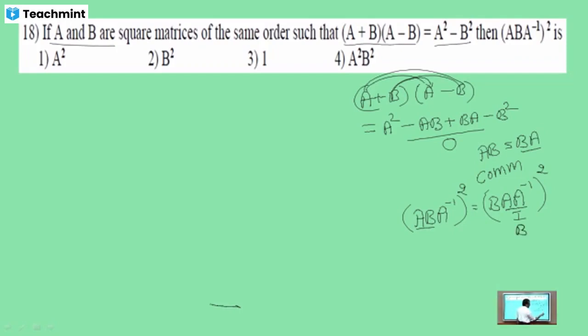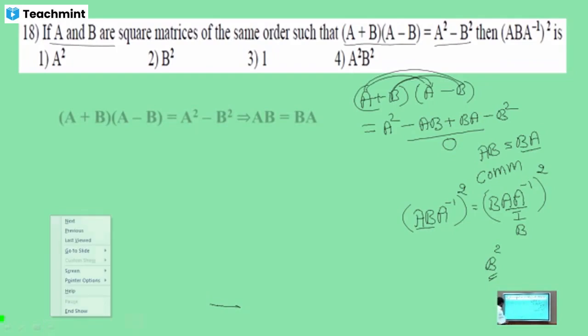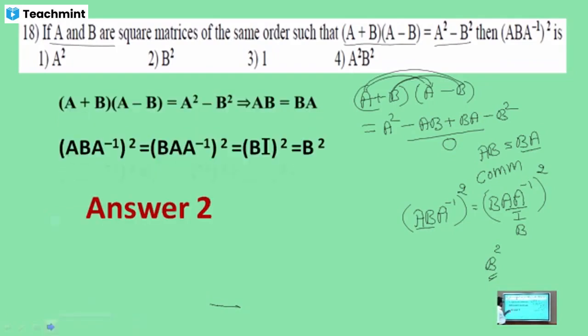B into I is again B. Now I got B whole square. What is B square? It is B square. Therefore your solution is B square, which is the second option. Good.